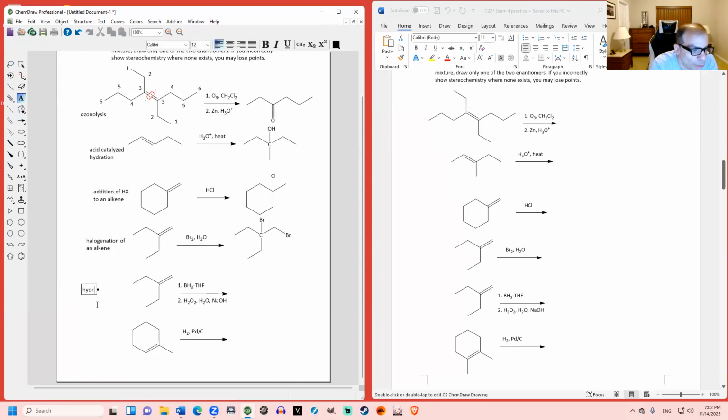The next one is hydroboration oxidation, which we covered in chapter 8. So far, these are all in chapter 8, though we had some chapter 9 reactions on the previous page. And hydroboration oxidation gives you the non-Markovnikov alcohol.